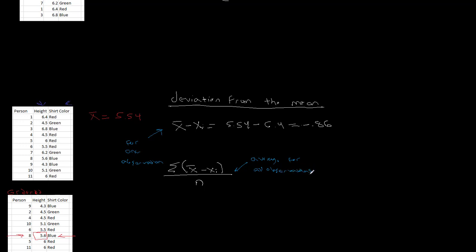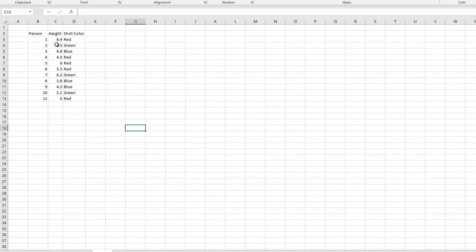Okay? So what I'm going to do is show you how to do this in Excel just to save us a little bit of time. If we open up Excel, this is the exact same data set that we just had. I'm going to copy this set so that we're just dealing with height.